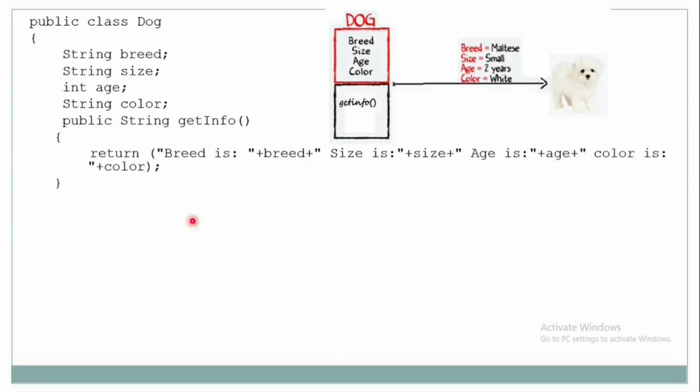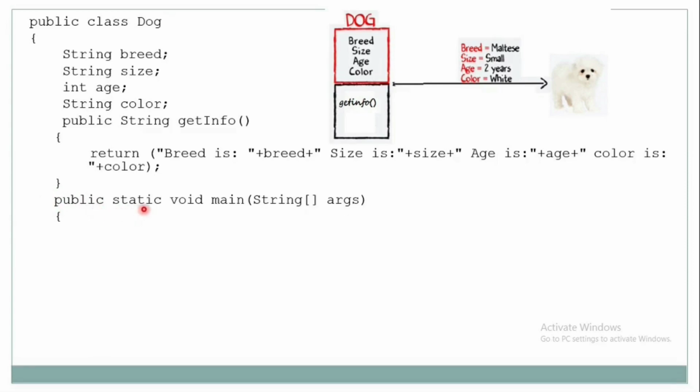Next we'll create a main function where we can create an object. This is how you write a main function. Public is an access specifier, which means the main function can be accessed anywhere, in any class or any method.